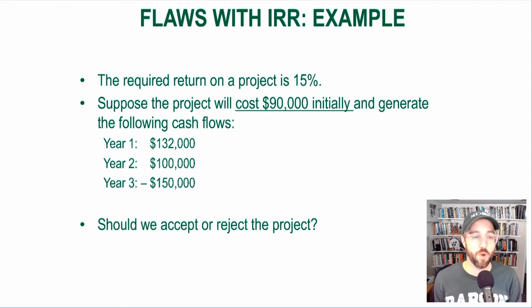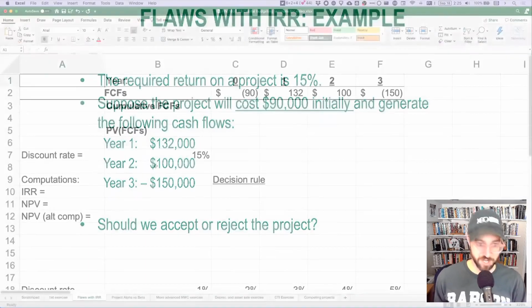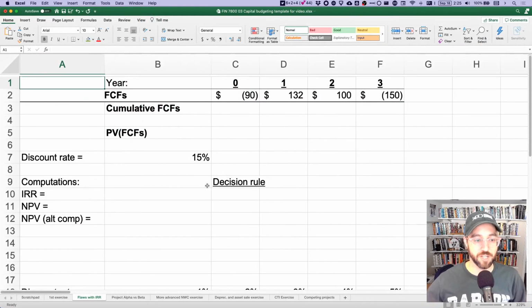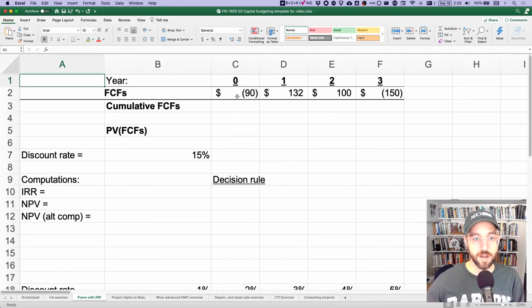But in some way, this project, which costs $90 million initially, kicks off $232 million over the next 2 years, but then costs an additional $150 million in year 3. And suppose we want to understand whether we should accept or reject this project. So what I've done here on a tab called Flaws with IRR is I've laid out these cash flows.